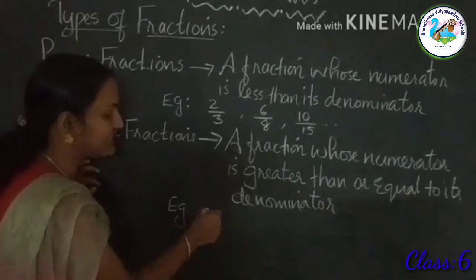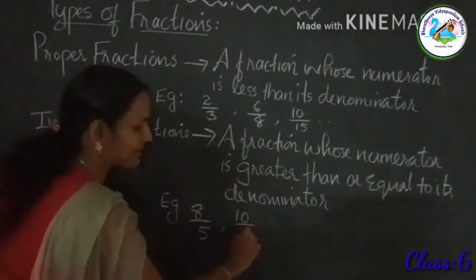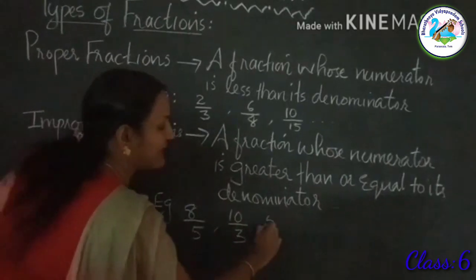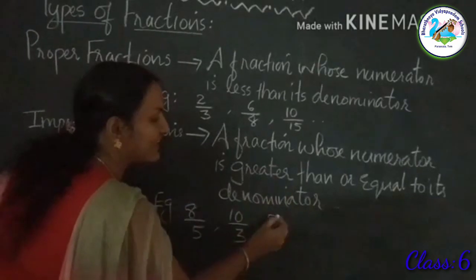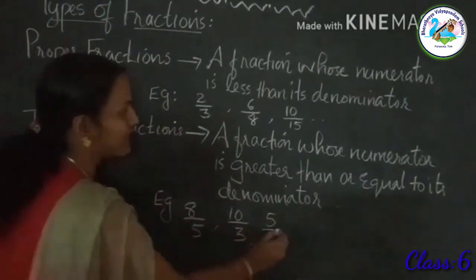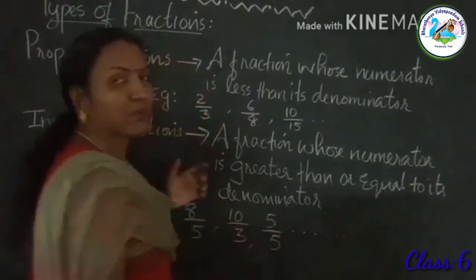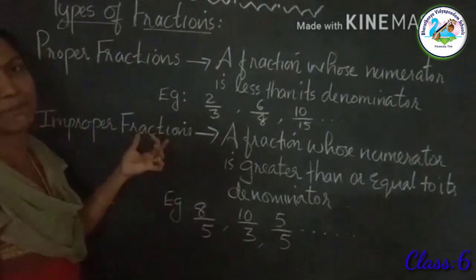The numerator 8 is greater than 5. Or 10 by 3. Or 5 divided by 5. Why? The numerator is greater than or equal. Sometimes they are equal. So these are the examples of improper fractions. First one, proper fractions. Second one, improper fractions.